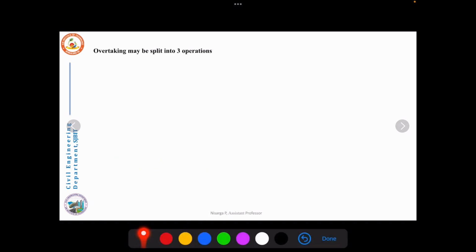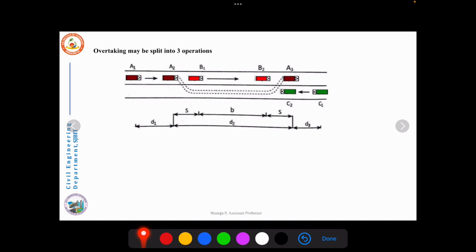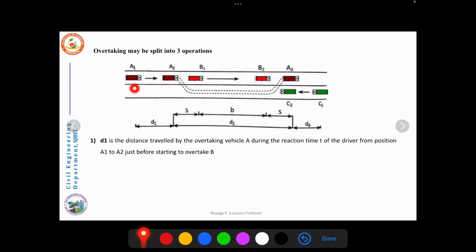For the analysis purpose, the overtaking operation can be split up into three operations. You can see here the first is the distance d1, the second is the distance d2, and the third is the distance d3. Now we'll understand what d1, d2 and d3 are. Let d1 be the distance traveled by the overtaking vehicle A during the reaction time of the driver while the vehicle moves from A1 to A2.